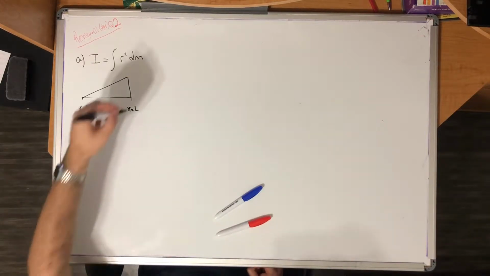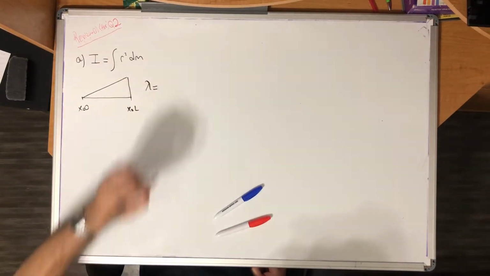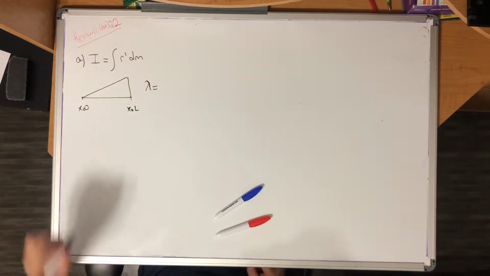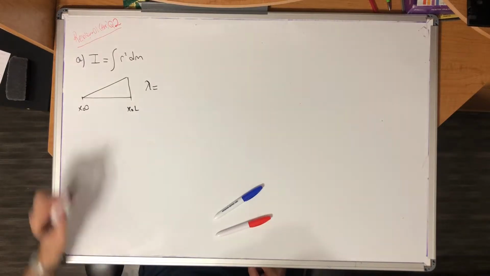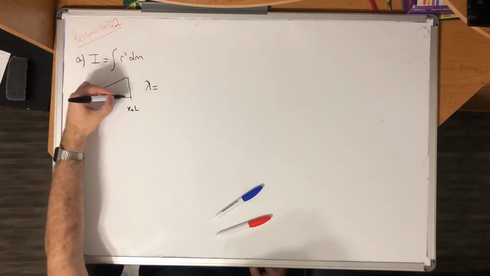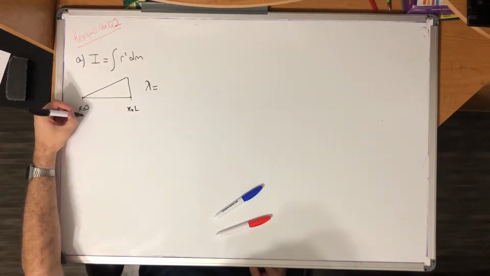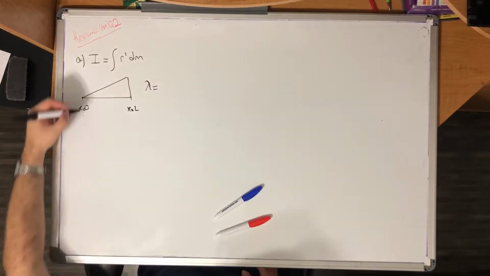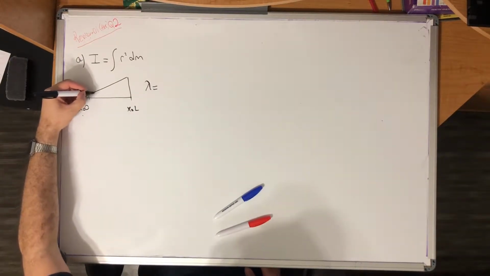And it also has a lambda, and lambda is like density, because it's not uniform. It's increasing. It's going to have more and more mass as you go from this x position to the final bottom position.